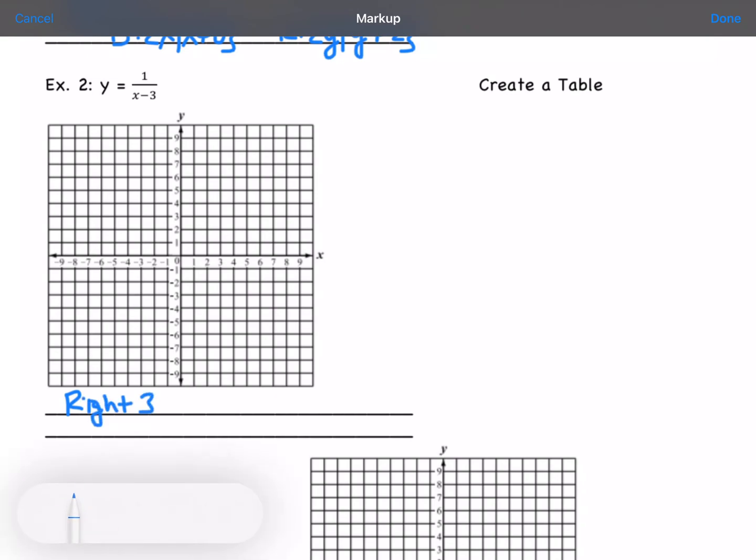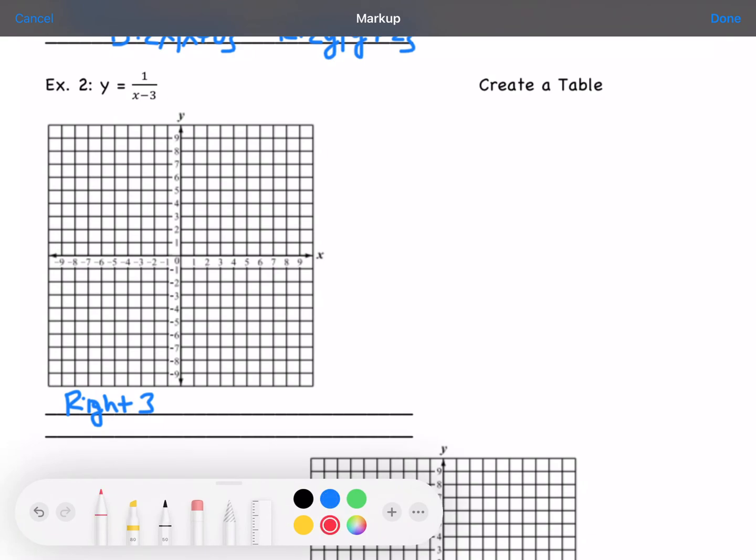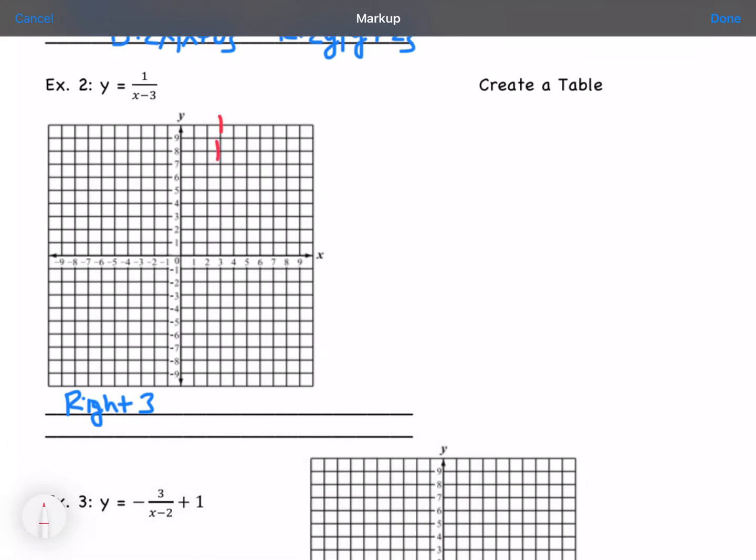And so what that means is our asymptote that had been on the y-axis is now at x equals 3. We didn't shift up or down at all, so now our other asymptote is just along the x-axis.